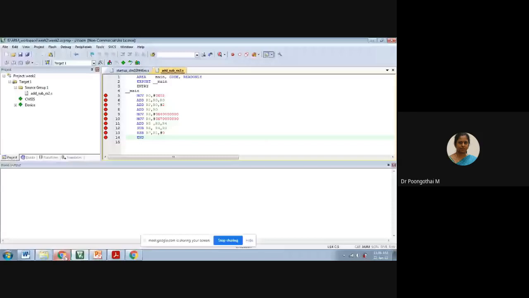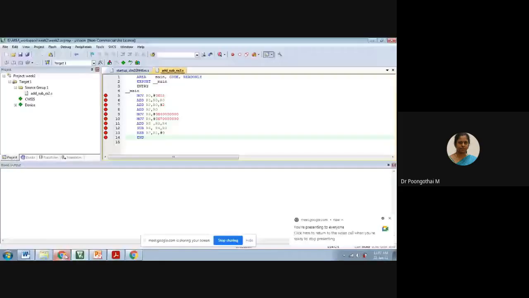Is the screen visible? No, Pradeepa. Now it is visible. Okay.